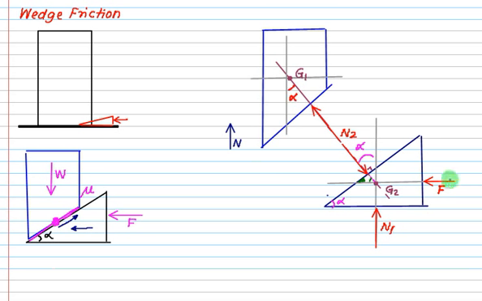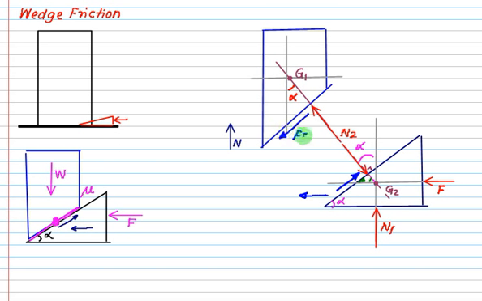So we are applying the external force to this wedge, so the wedge will move in this direction. So the friction force will act perpendicular to it. So this is the direction of friction force. And this one is a friction force according to Newton's third law.